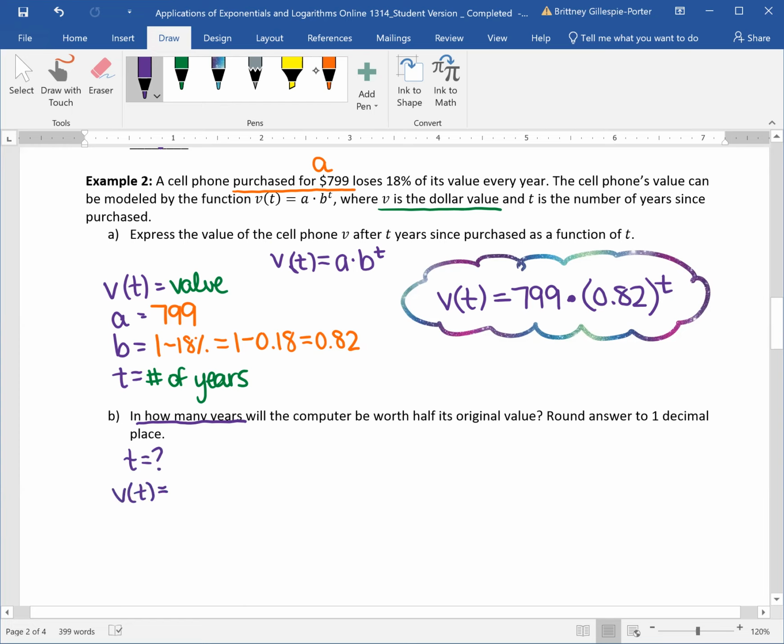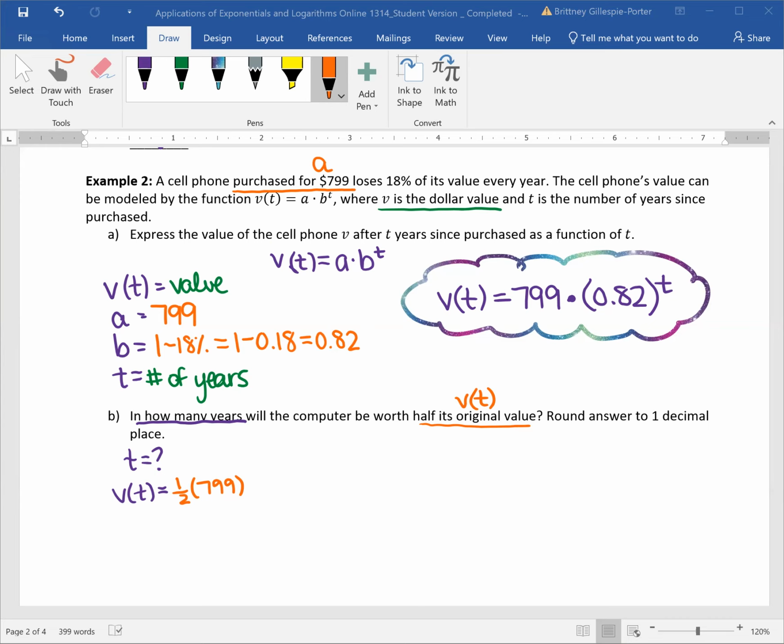You could leave it as $7.99 over 2 if you would like. Otherwise, if you want to use the decimal, you can have it as 399.5. And we're going to plug it into our formula. So we're going to have 799 times 0.82 to the t is equal to our v of t, which was our 399.5.